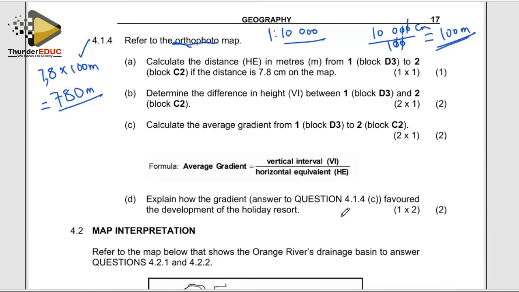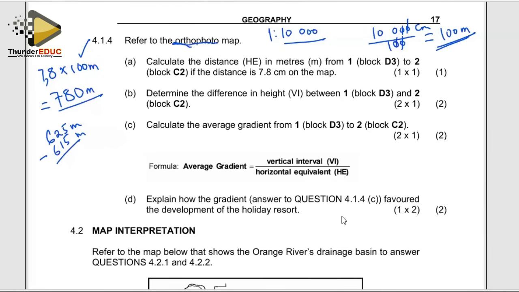What you call the vertical interval, or the VI, is the difference in height between the two points. So you just say the bigger height between the two. The bigger one is 625 meters. You subtract the smaller height, which is 615 meters for the two places.